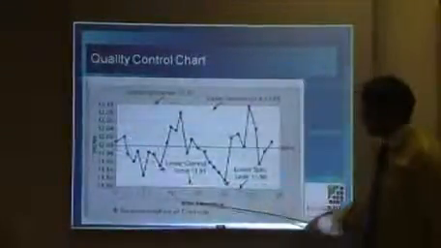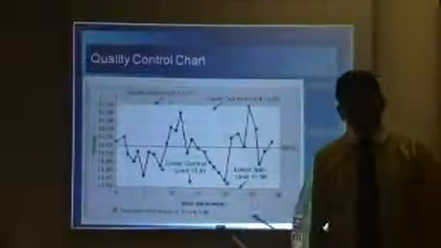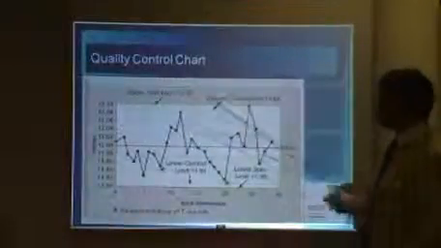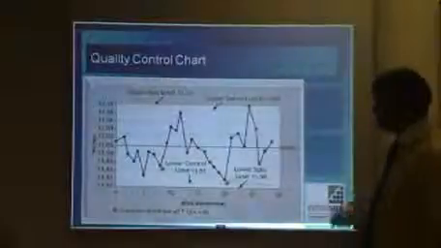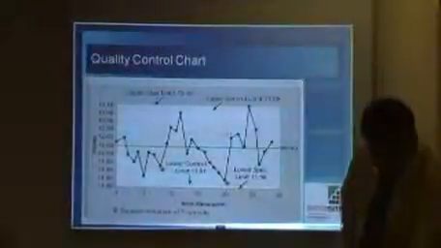And there you can see the 7 rule. If you have 7 points above or below the mean consecutively, a process control chart needs to be investigated, meaning somewhere something is not right. Okay?